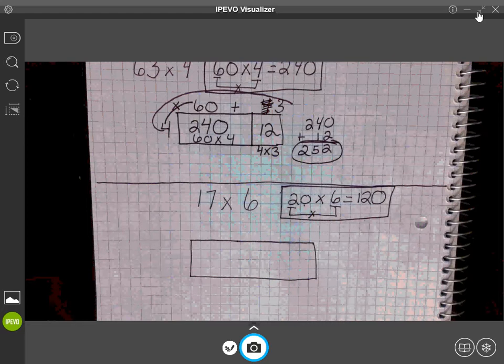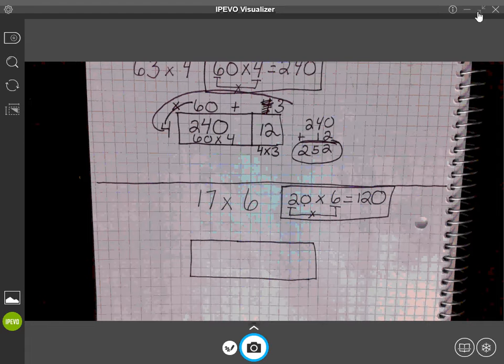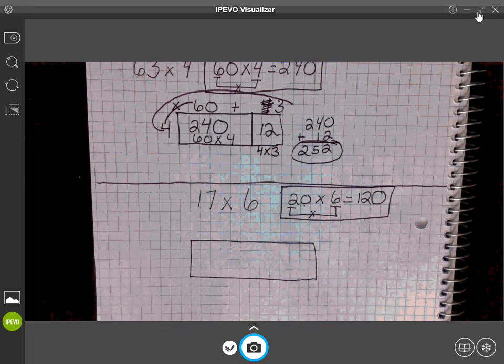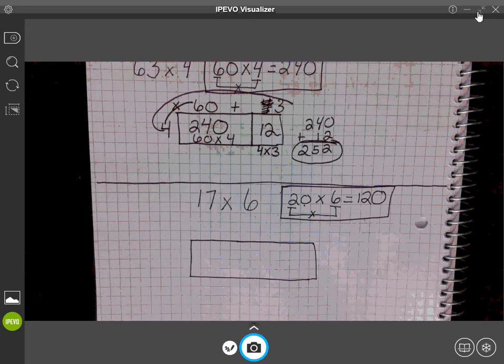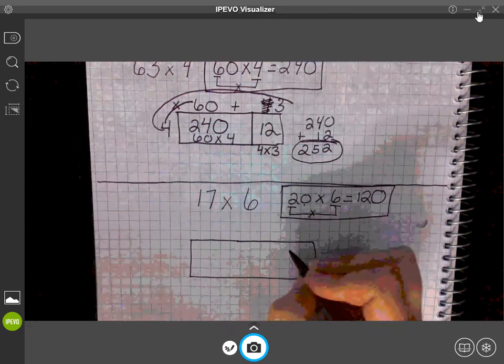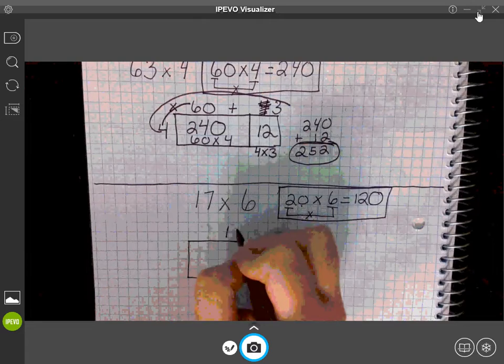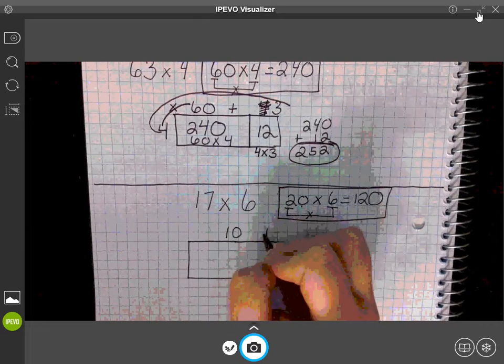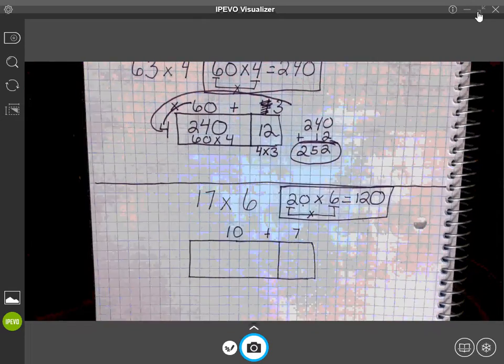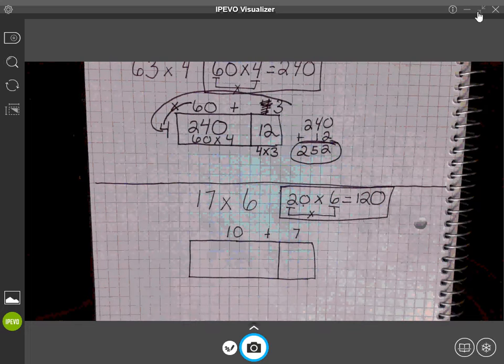So if I write 17 in expanded form, that would be 10 plus 7, right? Which one's the bigger number, the 10 or the 7? The 10. So the 10's going to get the bigger box, okay? So I'm just going to draw a line down here like so. And then I'm going to put 10 here plus 7. And 7 goes on the smaller box.